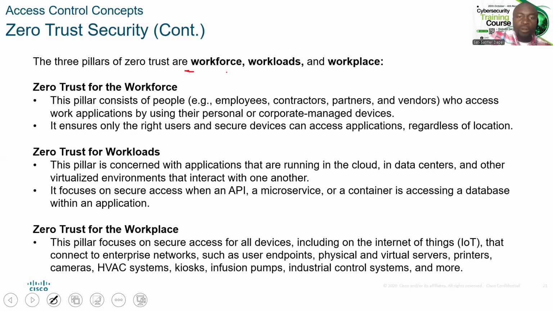There's what they call the workforce, the workload, and the workplace. All right, these are the three pillars of zero trust: the workforce, the workload, and the workplace. What are these? For the workforce, it's trying to say that you don't need to trust all employees, contractors, partners, vendors. Why?